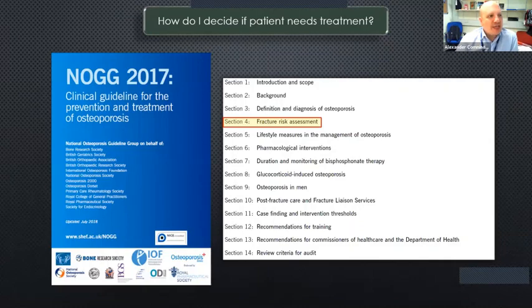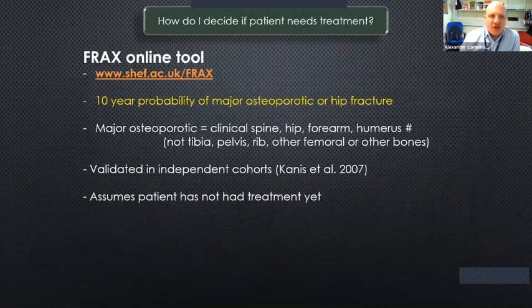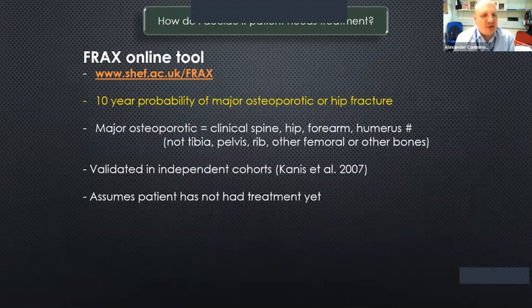The NOGG 2017 guidelines in the UK are what we tend to use, and there's a section 4 in there which details fracture risk assessment. The way to do this is using FRAX. Hopefully most of you have heard of FRAX; you just Google FRAX and you'll get to the website, and I'll take you through it shortly.